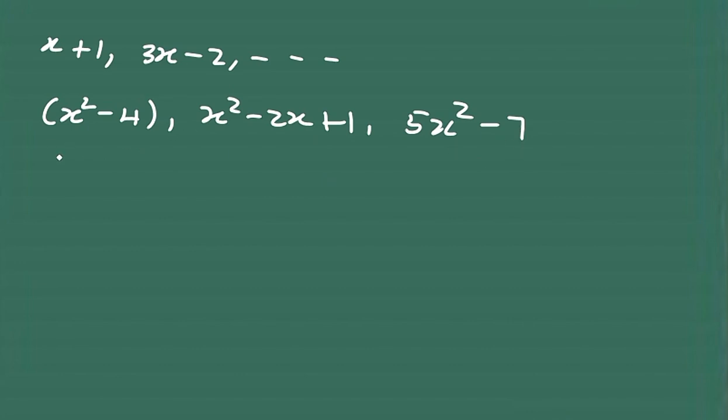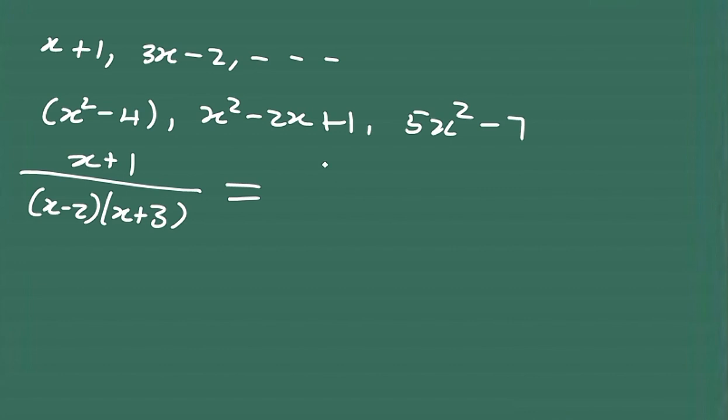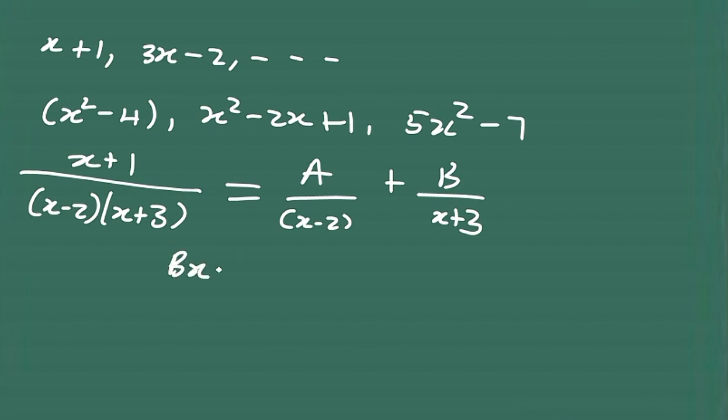Now we see that for a denominator with a linear factor, for example, if we have x plus 1 divided by x minus 2 times x plus 3, for the numerators we have a constant a all over x minus 2 plus b all over x plus 3. For a quadratic factor, the numerator is given to be bx plus c.